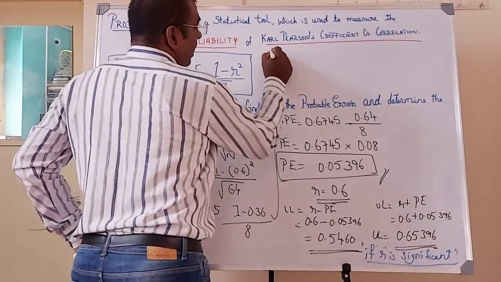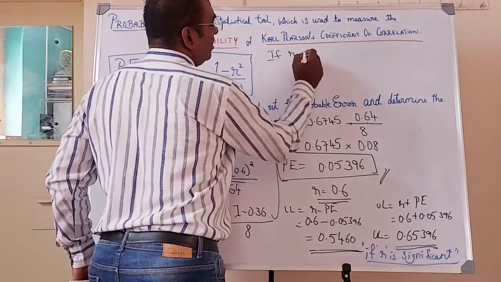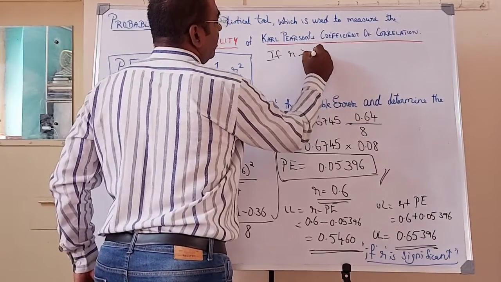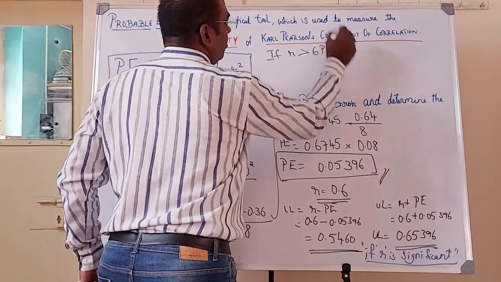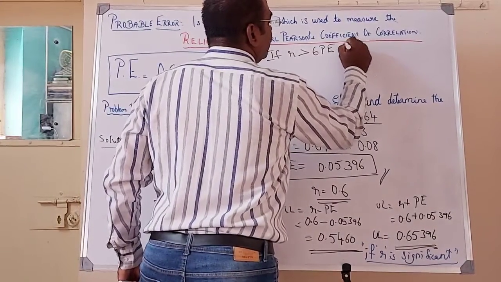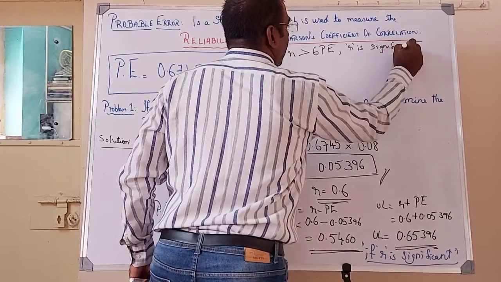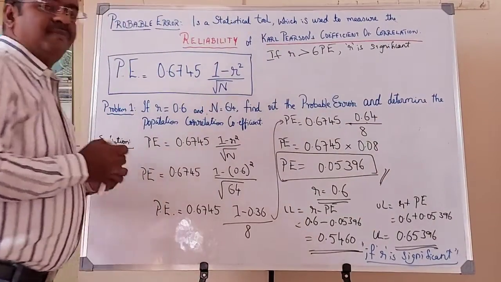If r is greater than 6 times probable error, we mean r is significant.